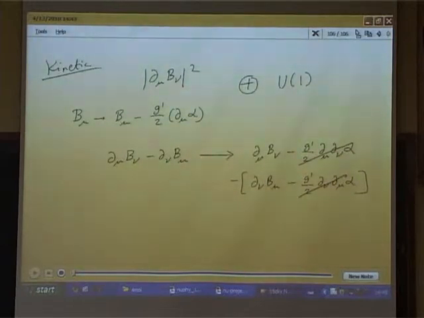And this is what is defined as B_mu nu. So B_mu nu is a quantity which is like the first derivative of B, which is invariant under this gauge transformation. So now this is a good quantity. And therefore, the square of this quantity, or strictly speaking, B_mu nu times B^mu nu, now acts as a good kinetic term.